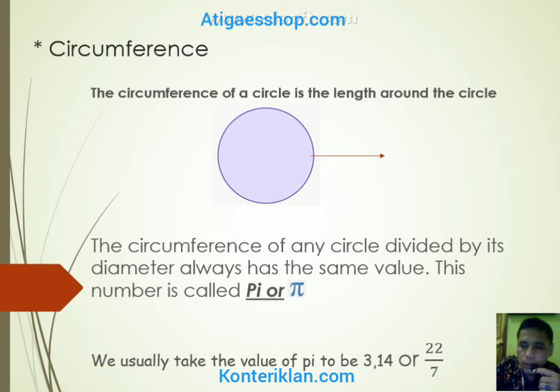If you are comfortable using 22/7, no problem. When I conduct questions about a circle, I usually change pi into 22/7. I sometimes also use 3.14, depending on me.